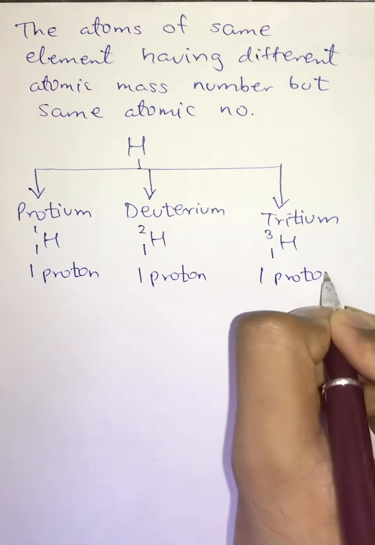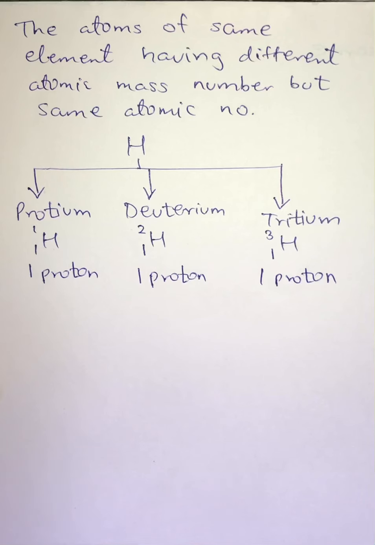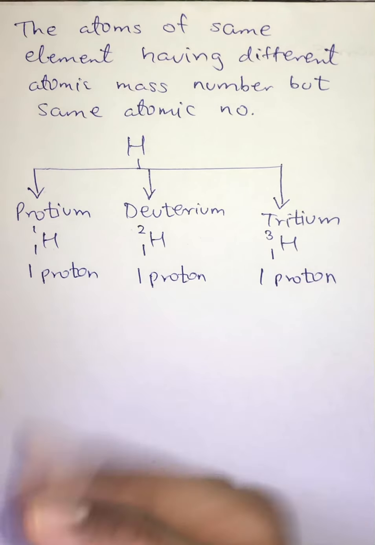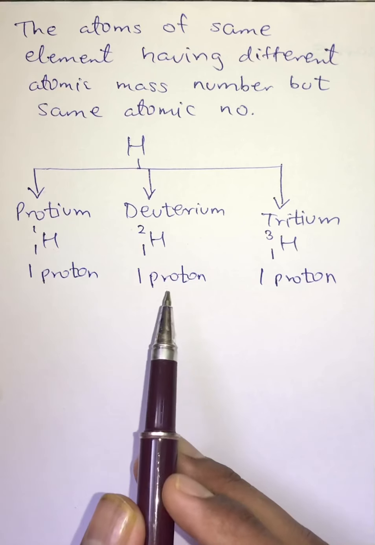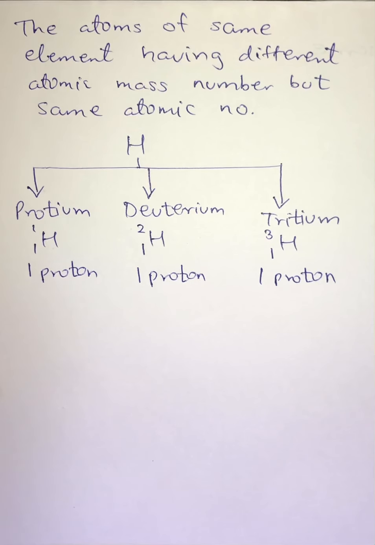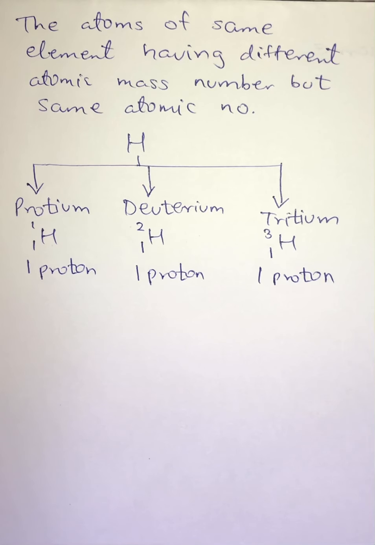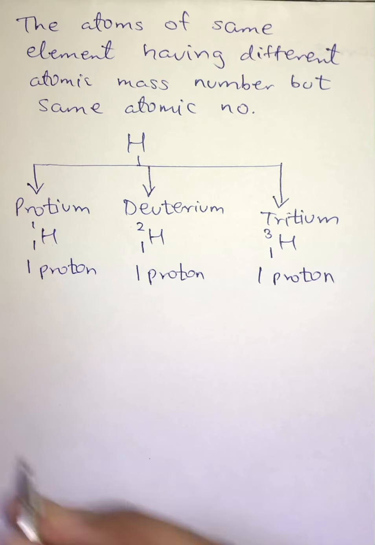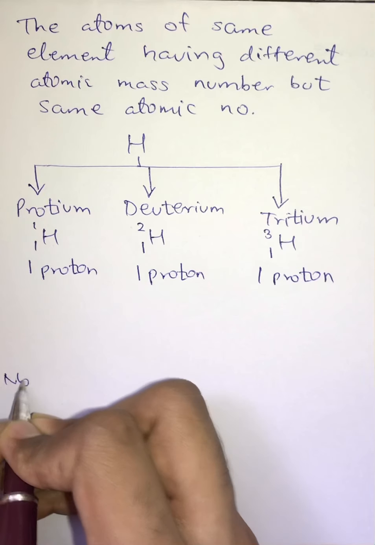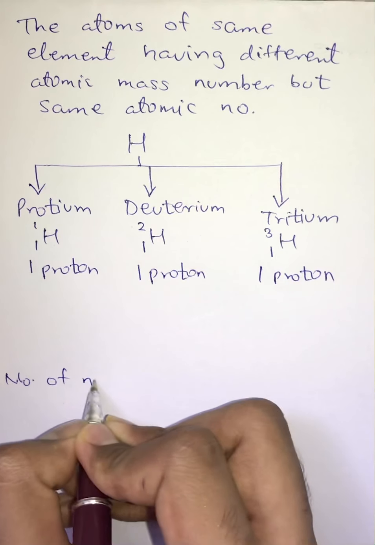Now since they all have 1 proton each, and as we all know, in an atom the number of protons is equal to the number of electrons, they will each have 1 electron. Now if you want to find out the number of neutrons, what is the formula?